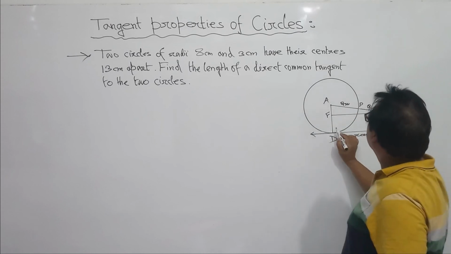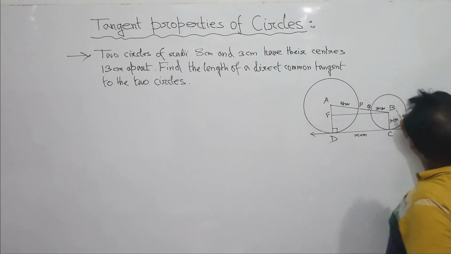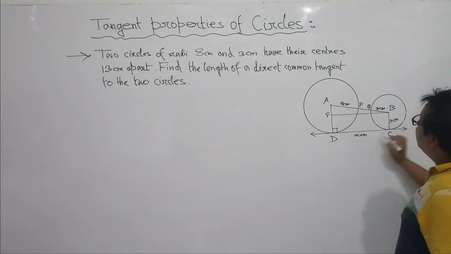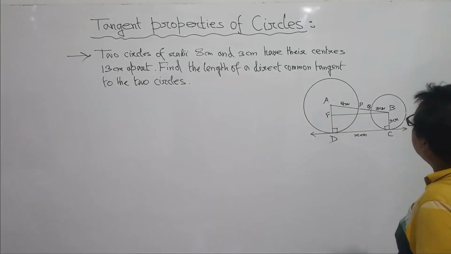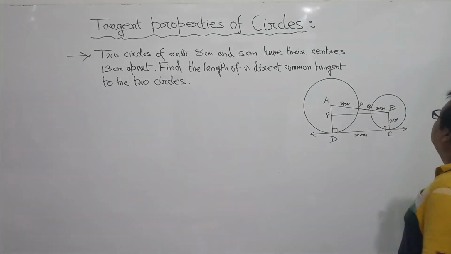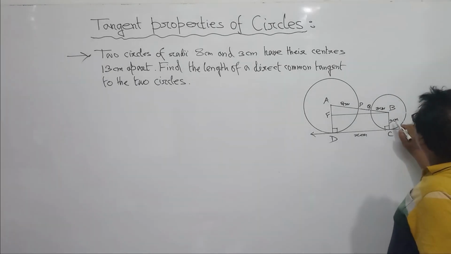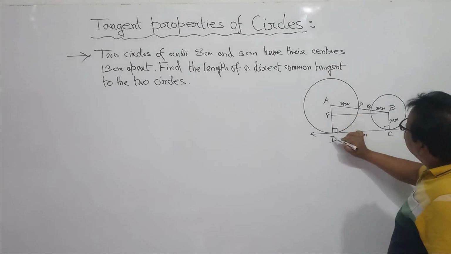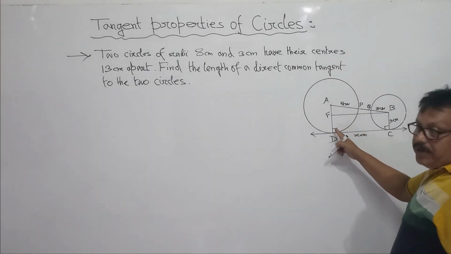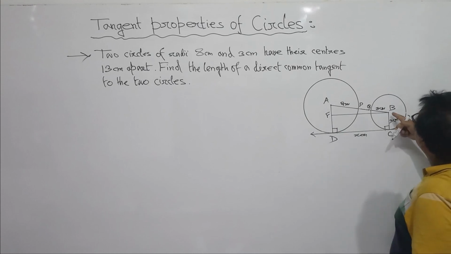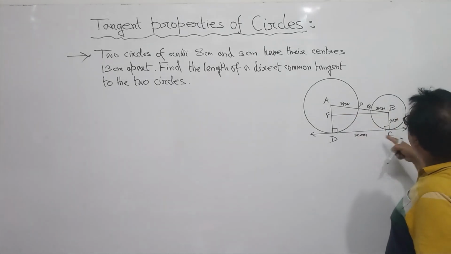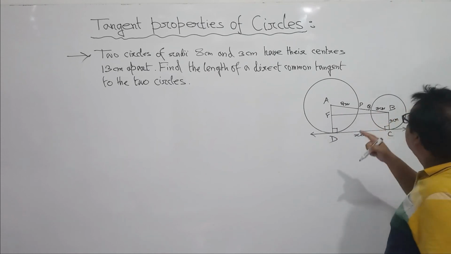Right angle. Similarly, BC also right angle with the tangent. This tangent is common. So BC is parallel to FD, of course, because of right angle of the same line. And you have drawn just now BF is parallel to CD.